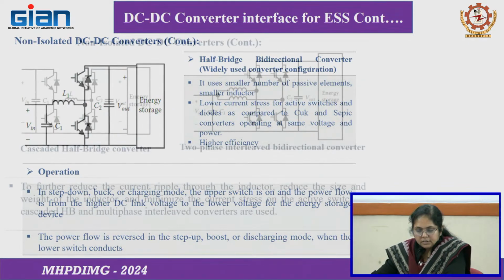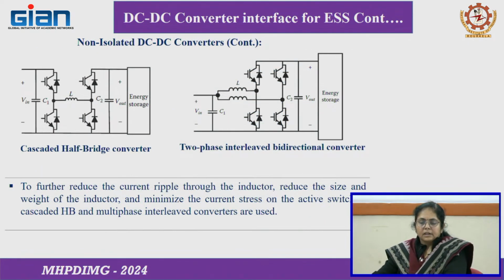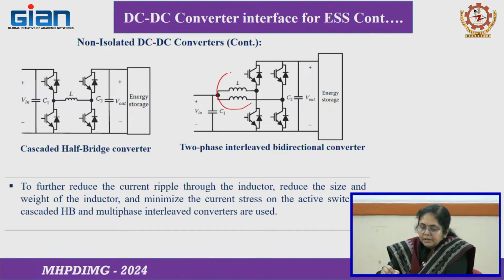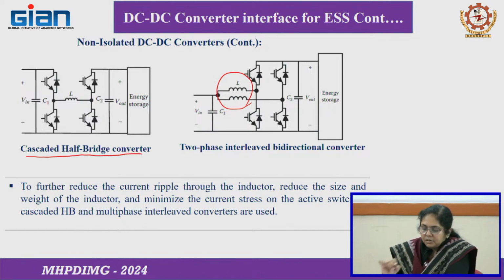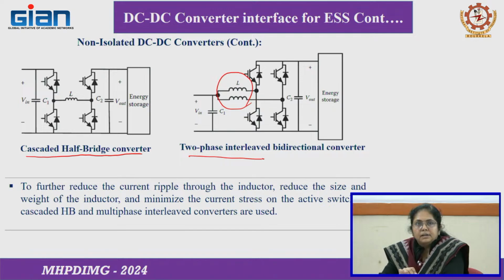That is how this topology operates. With that single leg, if we add more legs to get more advantages for high power applications, we go for two more topologies: one is the cascaded half bridge converter topology, CHB, and the second one is the interleaved bidirectional converter topology. Here only two legs are shown, but there can be multiple phases depending on your current requirement. Suppose you are going for a 100 ampere application, you can go on adding more phases, and obviously more phases means more switches.